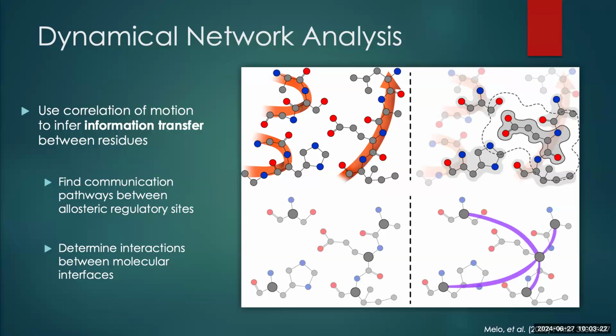It's really a methodology that was developed about 15, 17 years ago now. The basic idea is you have these XYZ positions over time. You can look at two atoms and calculate how correlated the motion is between the two atoms. And from this correlation, we can start inferring information transfer, how they are influencing one another.